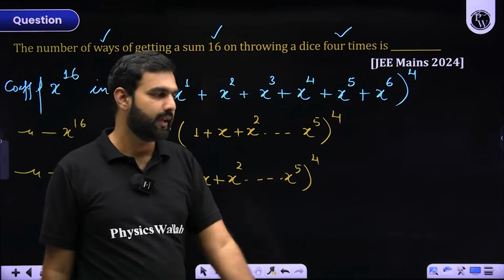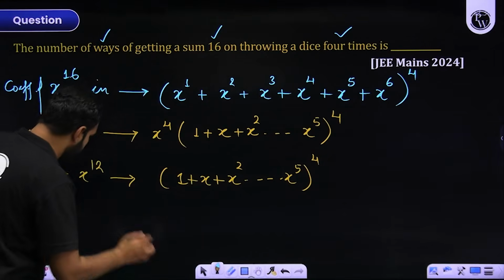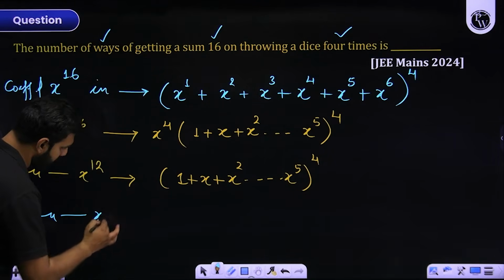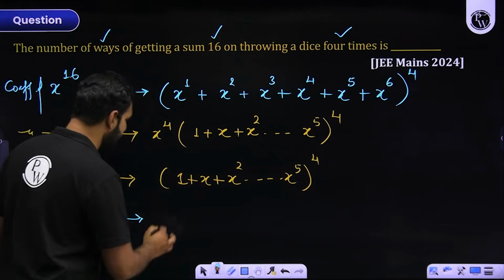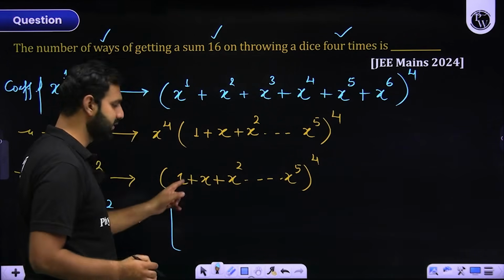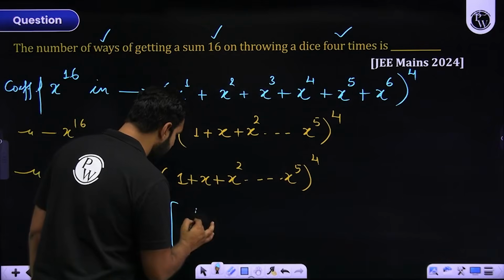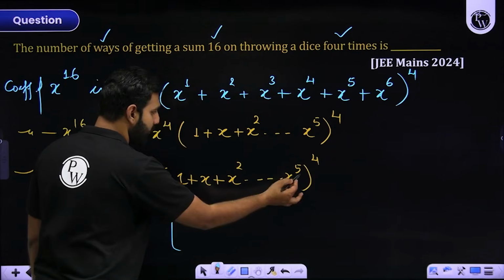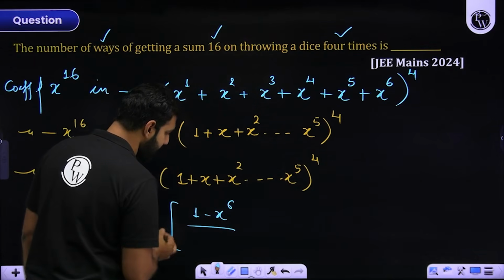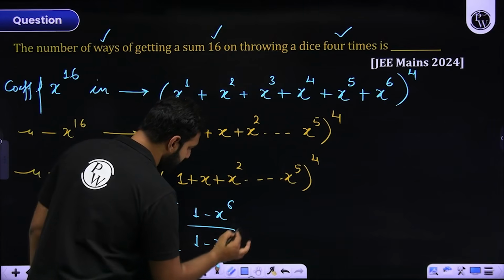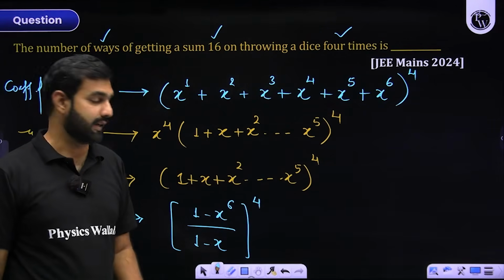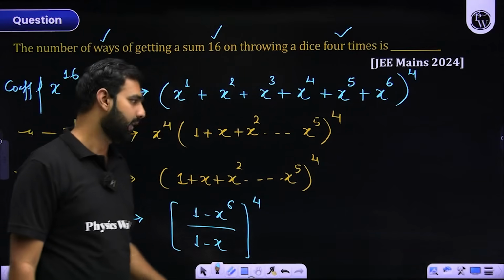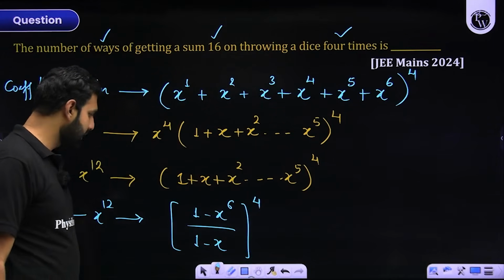Can you see that? So here I am looking for the coefficient of x to the power 12 in the expansion of this, which I am writing as a, which is 1, then 1 minus r to the power n, the number of terms are 6, upon 1 minus r, whole raised to the power 4. I hope there is no confusion on it. There is a complete clarity on this front. Now, let me move ahead.